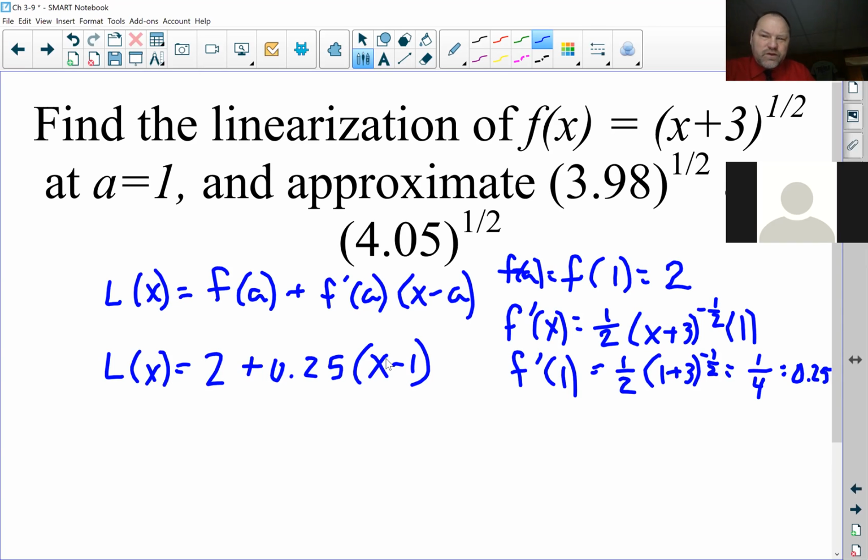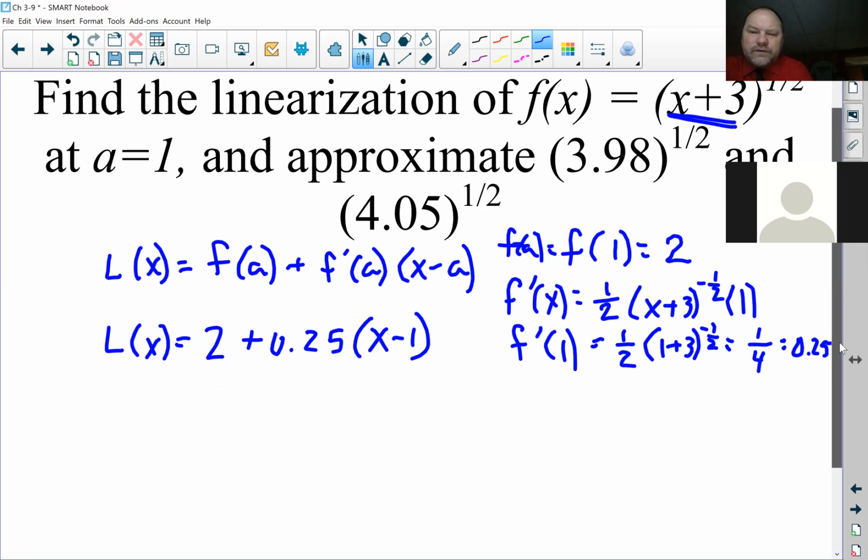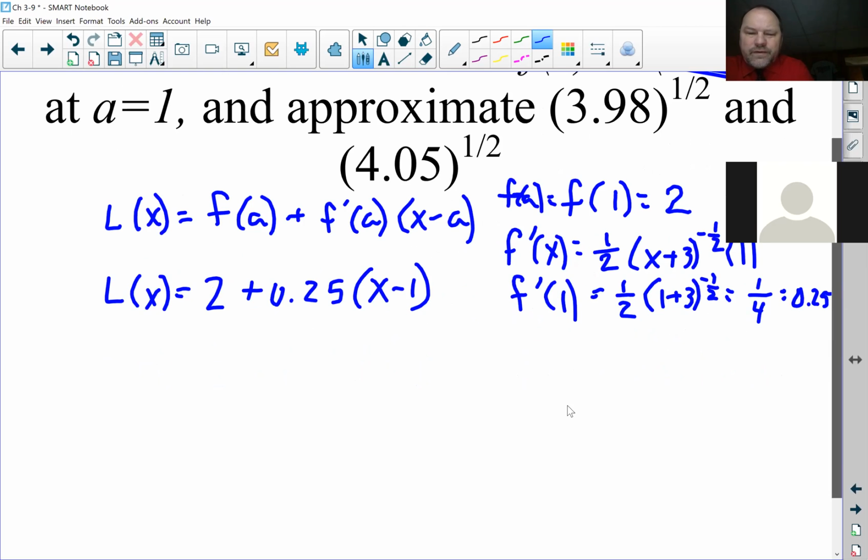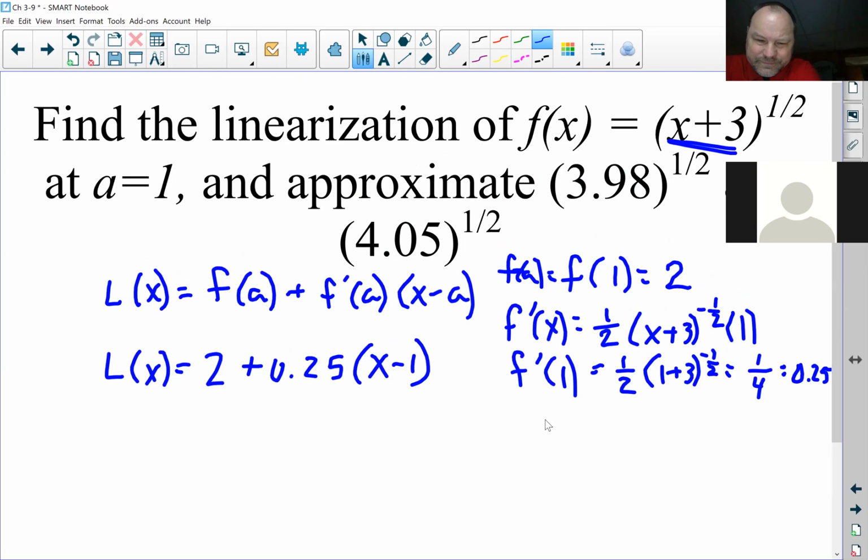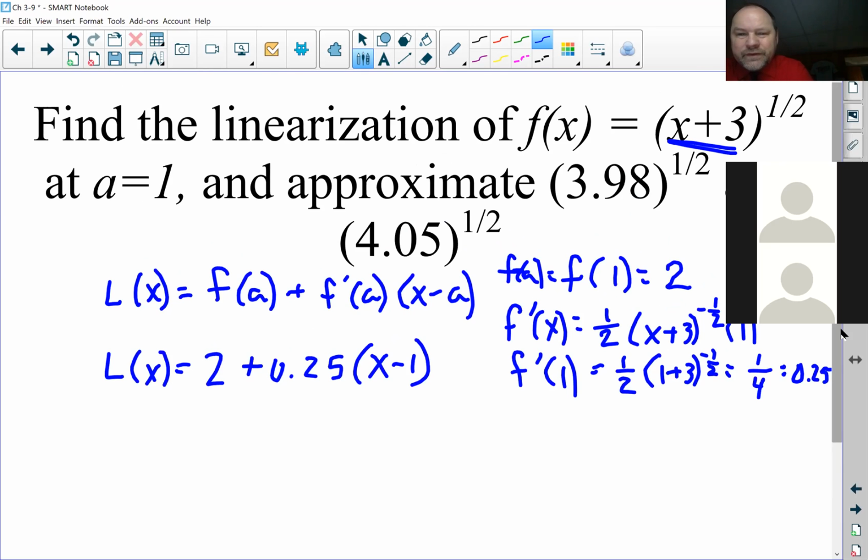In this case, it's x plus 3 to the 1/2. So in order to make the inside here equal to 3.98, what would I have to plug in for x? Basically, what I'm asking you. Go ahead. 0.98. Yep, exactly.